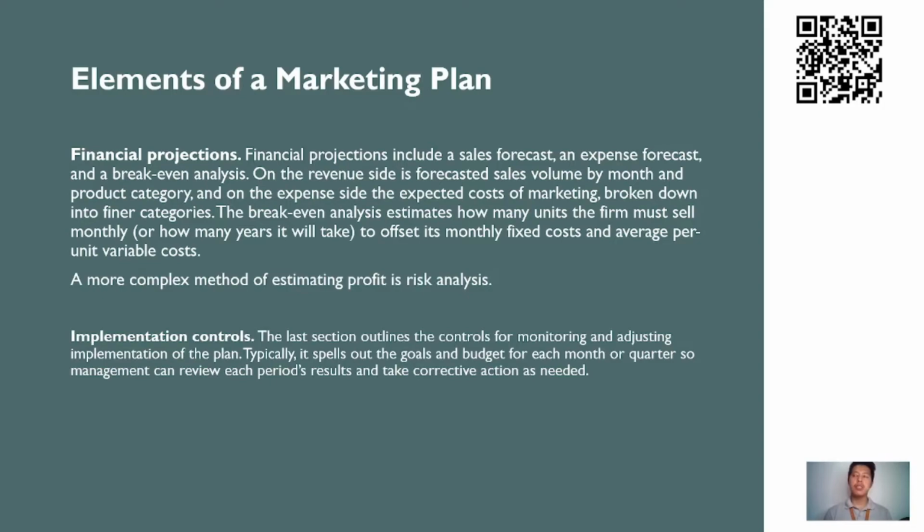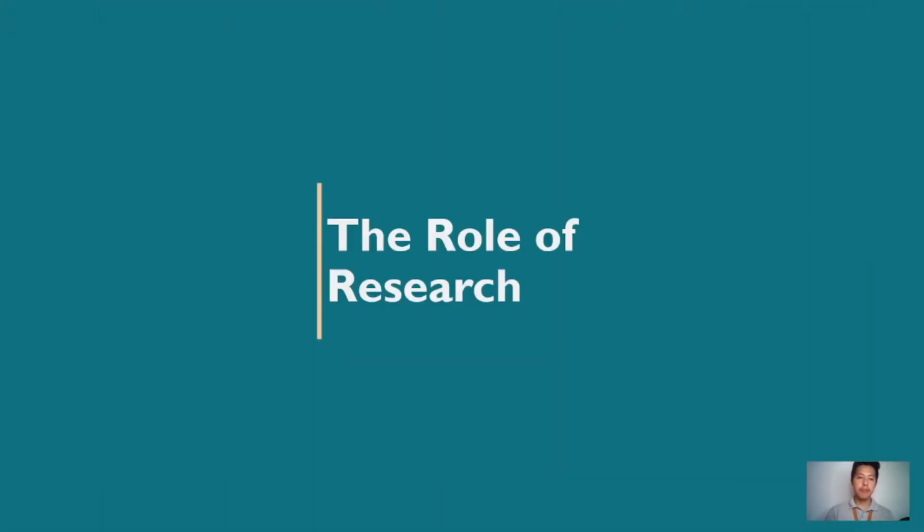Then we have implementation controls, the last section that outlines the controls for monitoring and adjusting implementation of the plan. Typically, it spells out the goals and the budget for each month or quarter, so management can review each period's result and take corrective actions as needed.